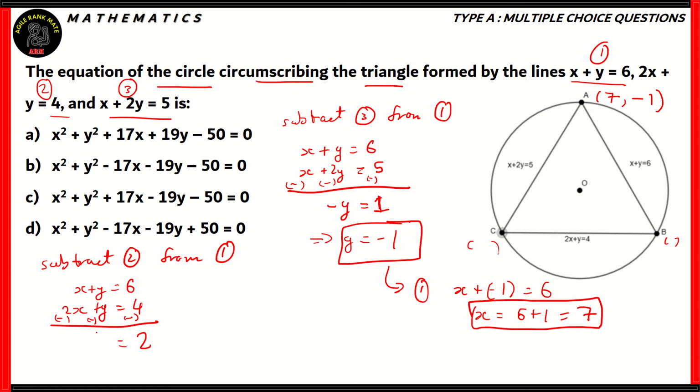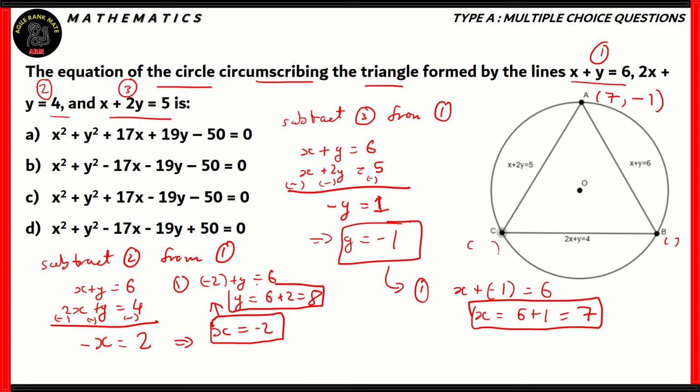Y gets cancelled. X minus 2x becomes minus x. That means x equals minus 2. We're going to apply that to equation 1 again, which means minus 2 plus y equals 6. Y equals 6 plus 2 equals 8. So therefore, the coordinates of B that we found out are minus 2 and 8.